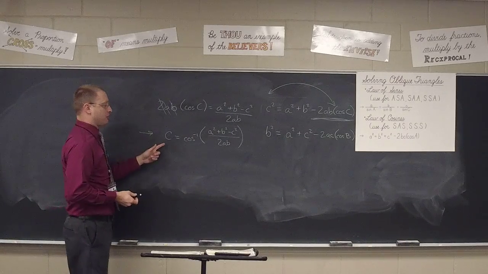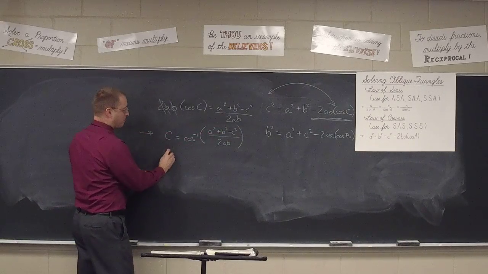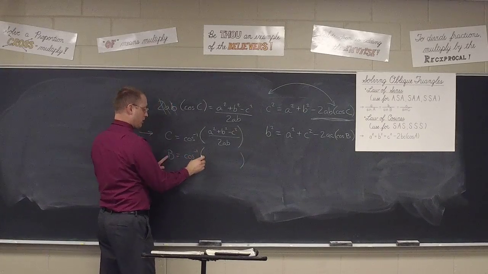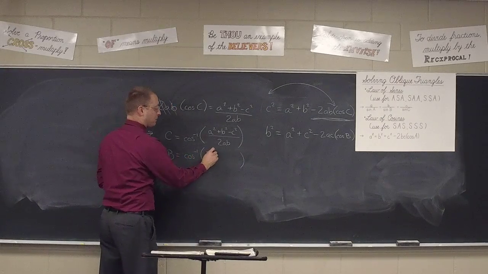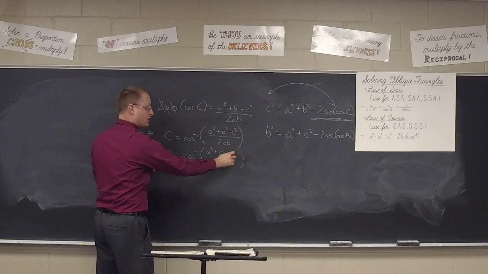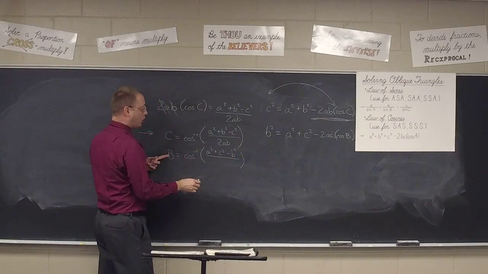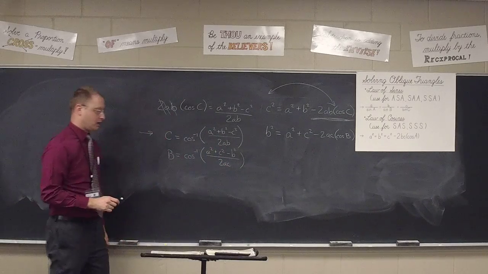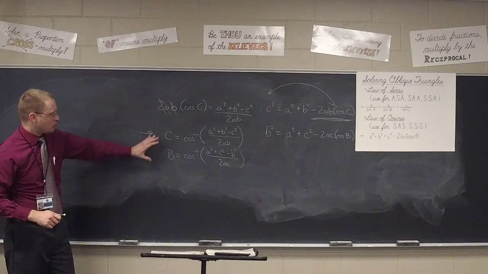Well, we could redo this for angle B, the same thing. We could say B equals the arc cosine of the other 2 letters, a squared plus c squared, minus the matching letter b squared, all over twice the first 2 letters, 2ac. Same thing, just rearranged.